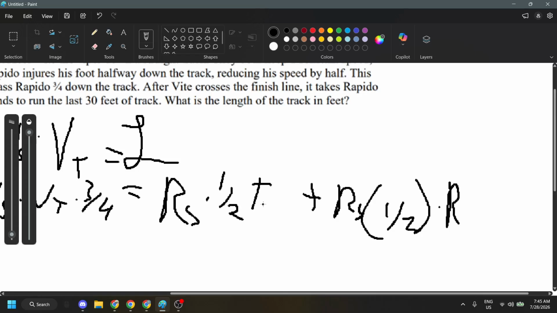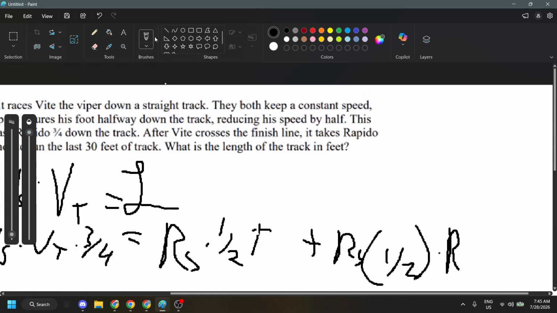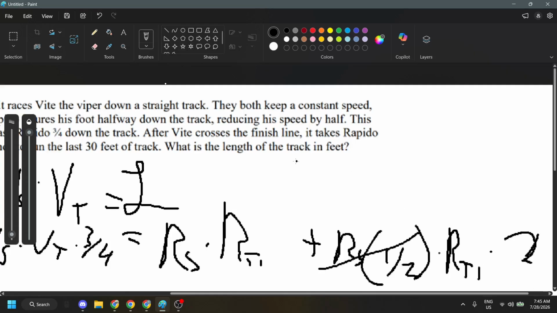So this is 1/2 time. This is just going to be time 1. Rabbit time 1. This is rabbit time 1 times 2. So these two cancel out.